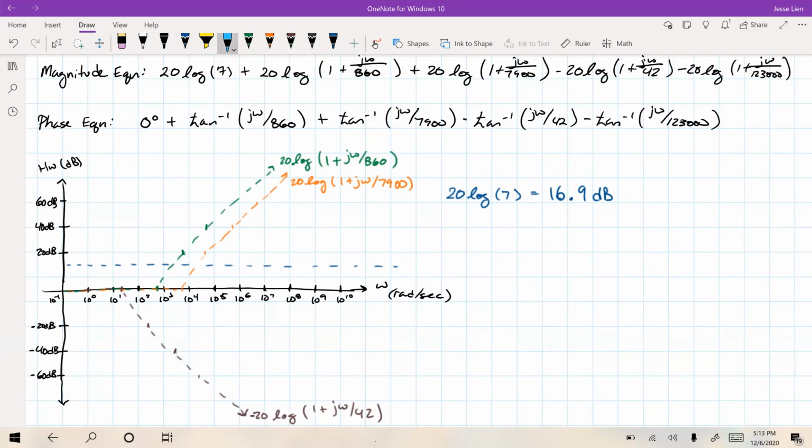The next term we'll plot is 20 log base 10 of 1 plus j omega over 123,000. And this will be done in light blue. To plot this term, you'll move along the x-axis at 0 until you reach the point of 123,000 radians per second, at which you will decrease by 20 decibels per decade.